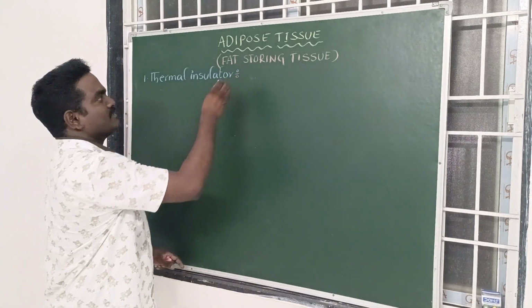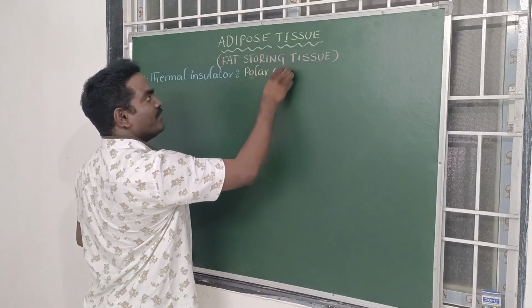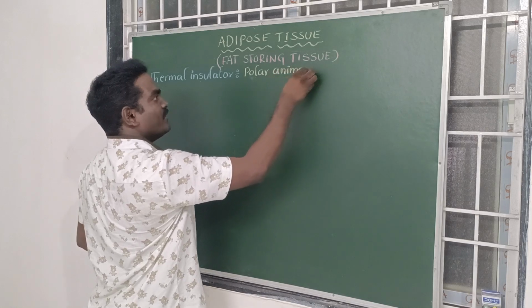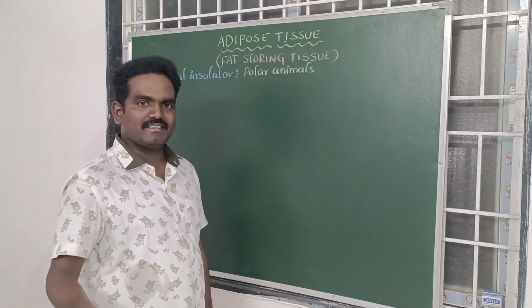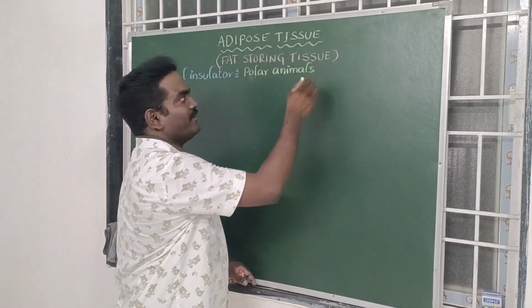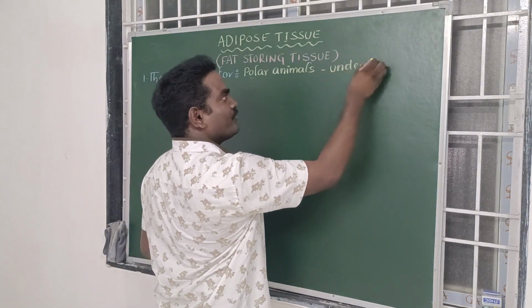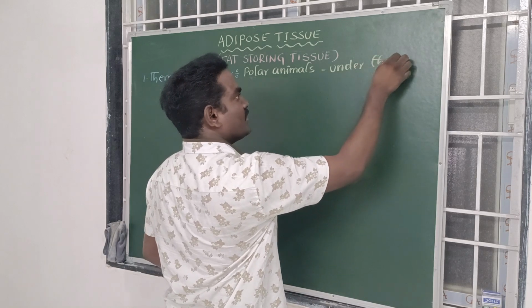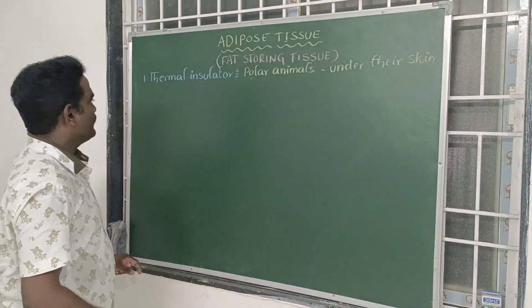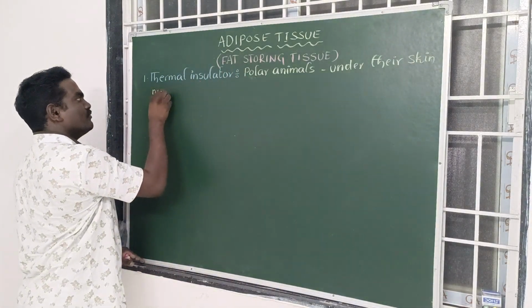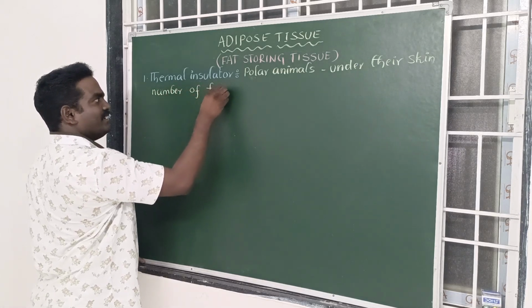In polar animals, like polar bears, whales, seals, so many animals, under their skin, a number of fatty layers are present.